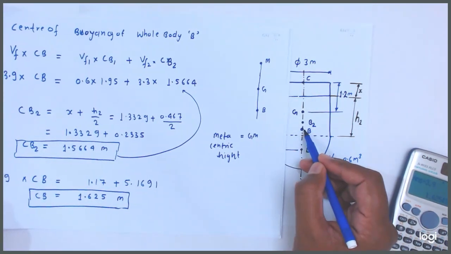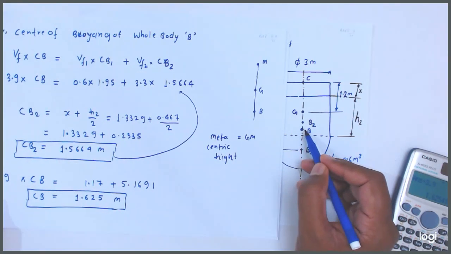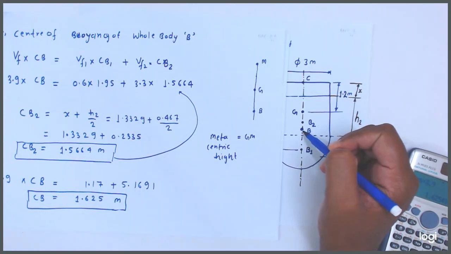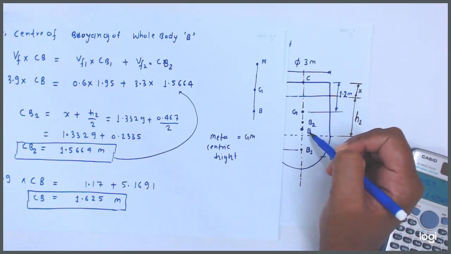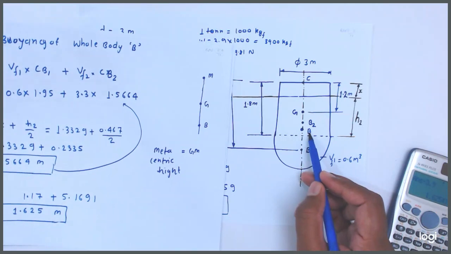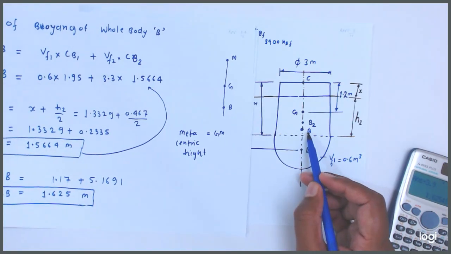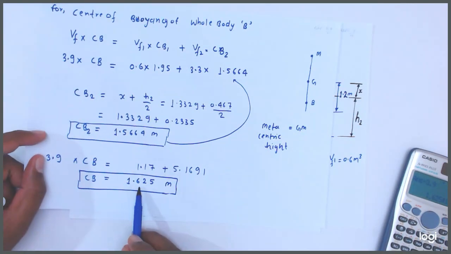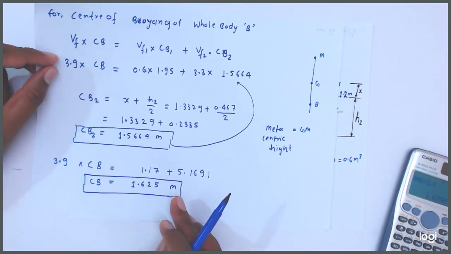Now, friends, we are able to find the location of the center of buoyancy of the whole body, its distance from the top of the cylinder. So CB is equal to 1.625. Okay, friends.